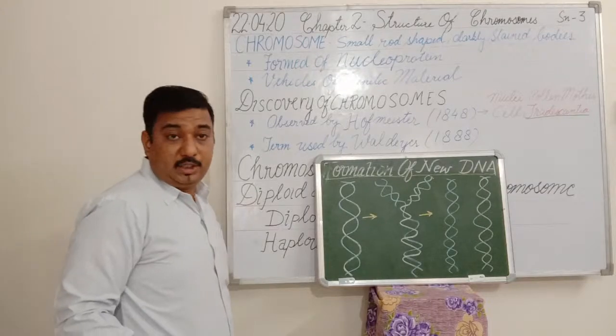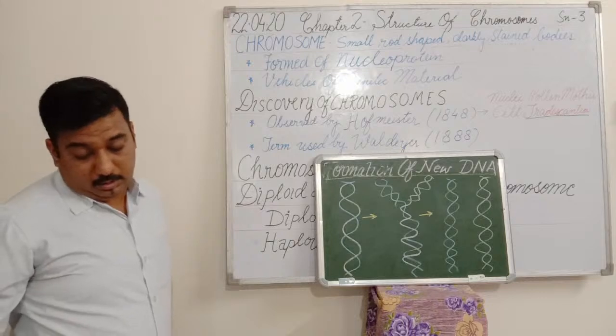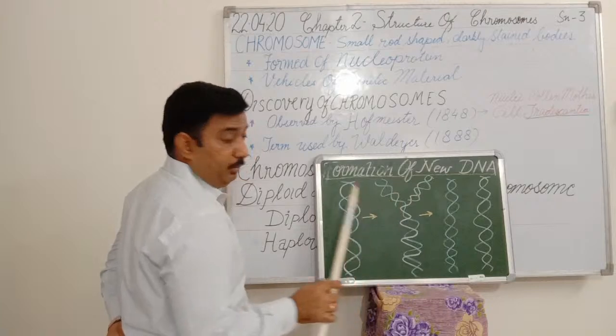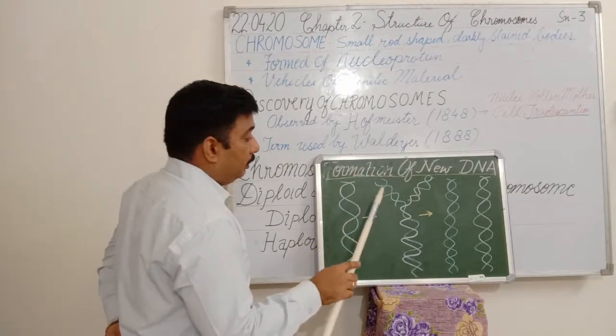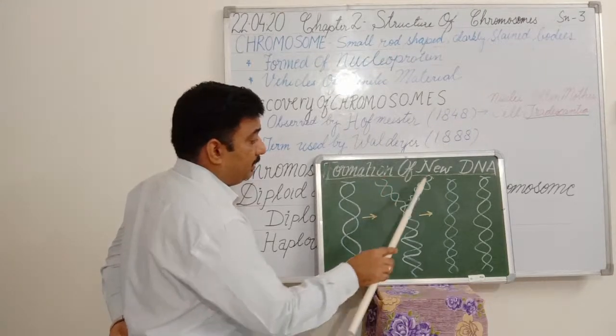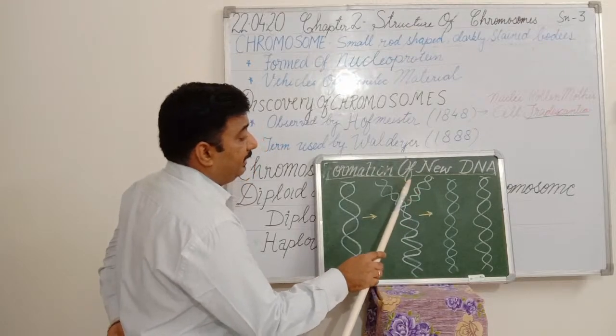Okay, so what actually happens during the process of replication or duplication is that as it starts, the strand from here will open. It will open. And new strands will start, new nucleotides will start to accumulate. You can see here with green color. It is opening, unwinding from one end.